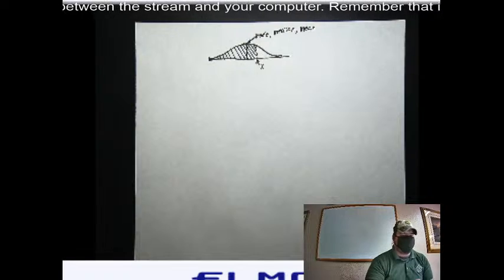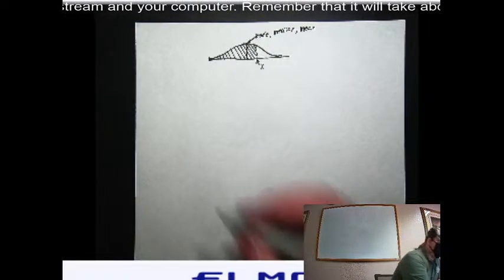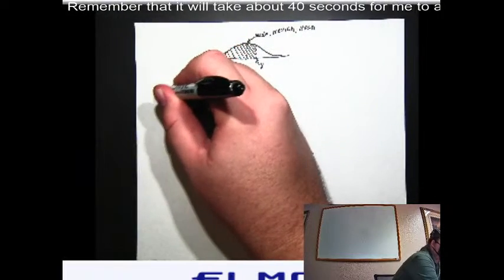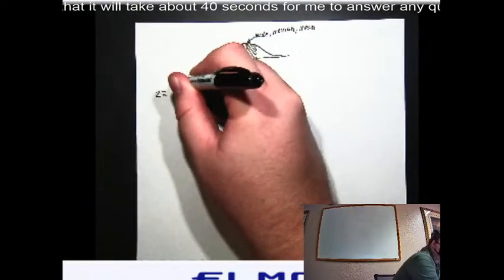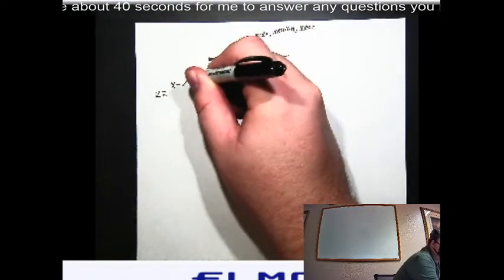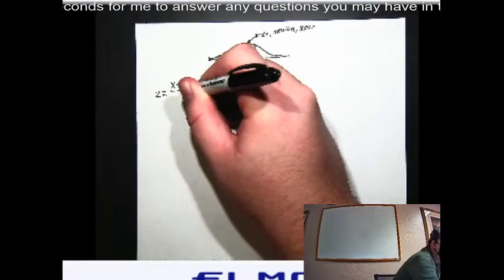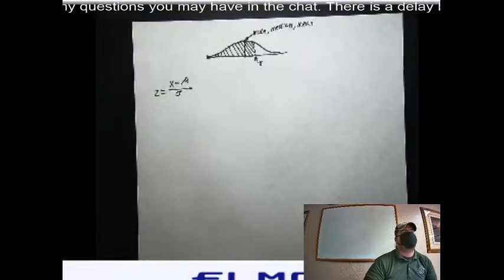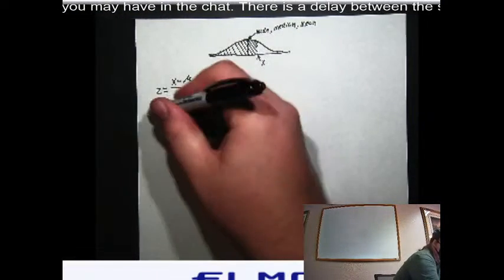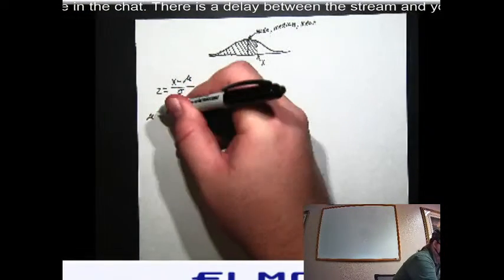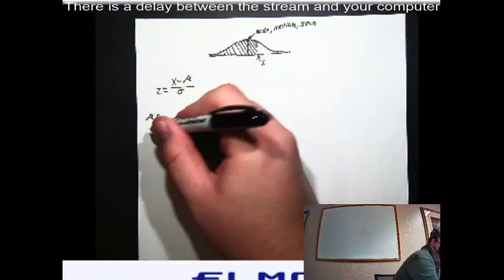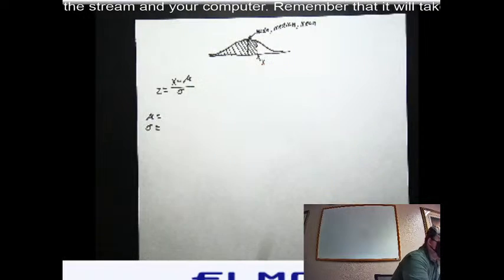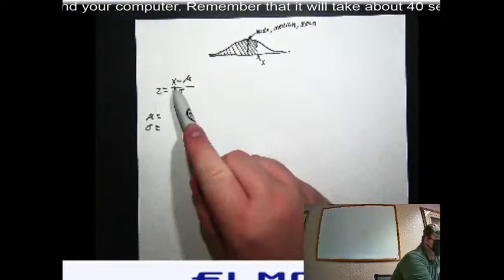Okay? So let me just give us some numbers here real quick. First of all, our z-score equals x minus mu divided by sigma, the standard deviation. So we need our mu, which is our mean. We need our sigma, again, our standard deviation. And we also need an x value to look at.